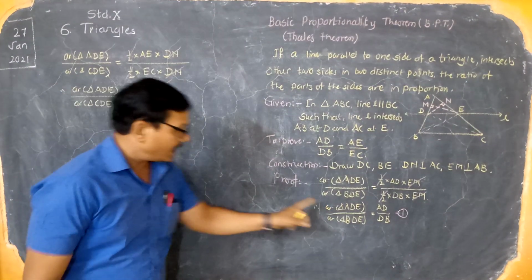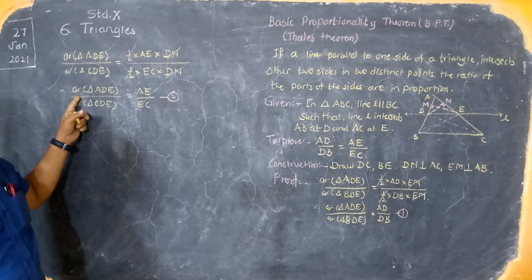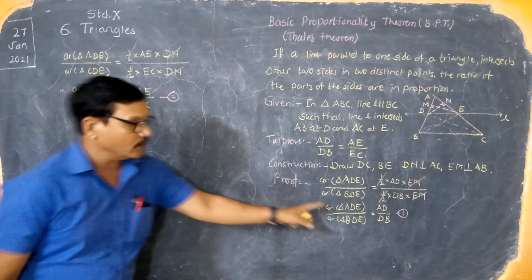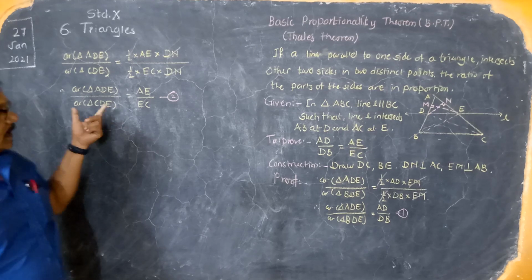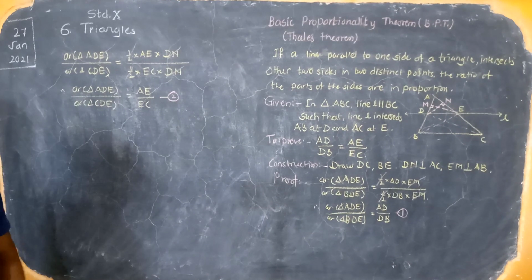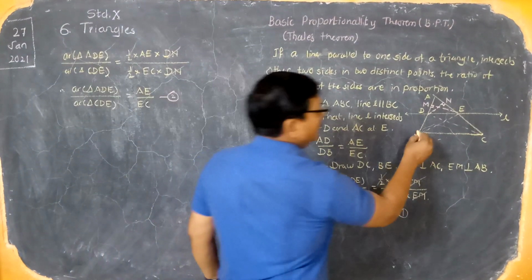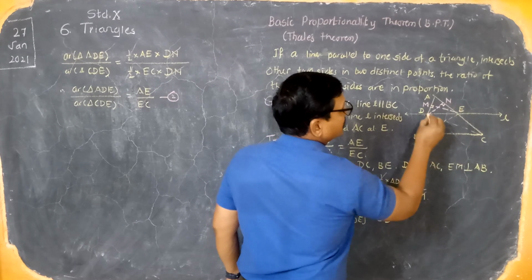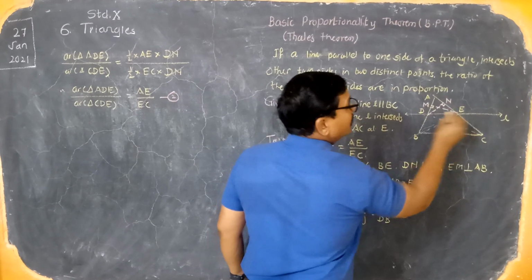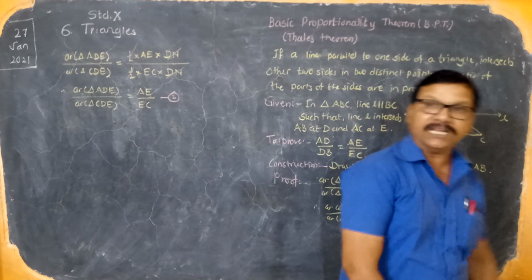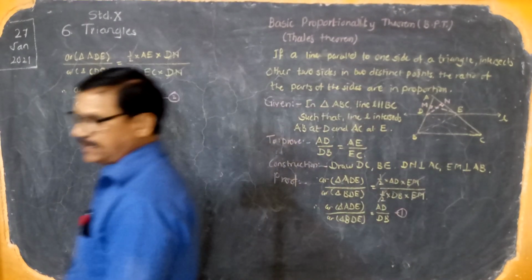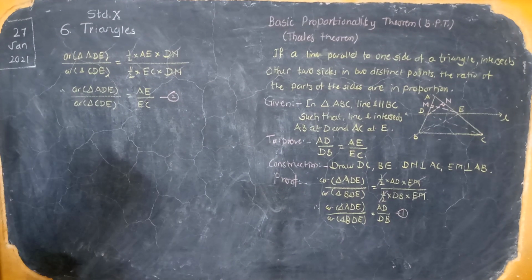So look at the LHS of both equations. Now in LHS, numerators are equal. Only denominators are different. But these two triangles are on same base and in between same parallels. Therefore their areas are equal.